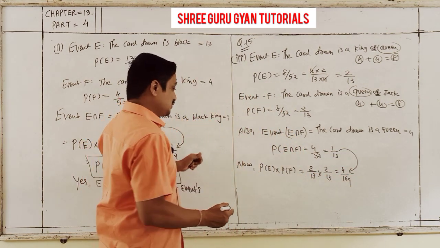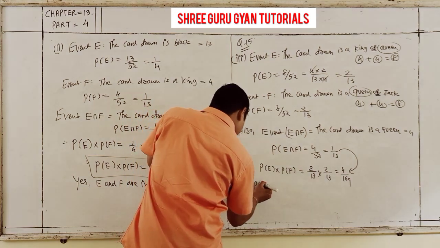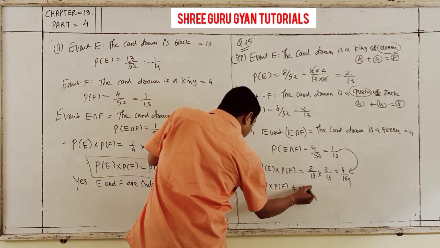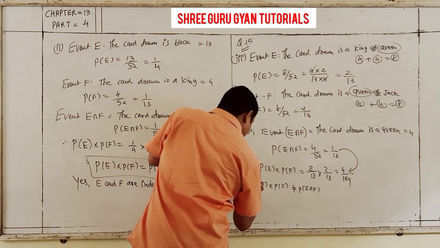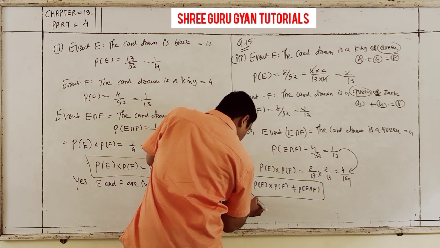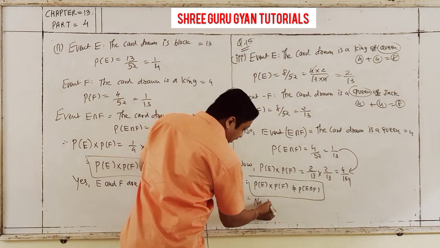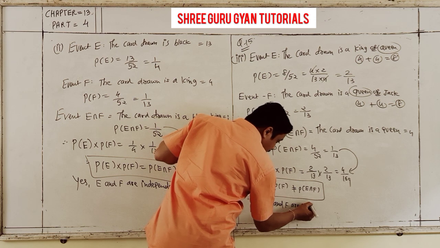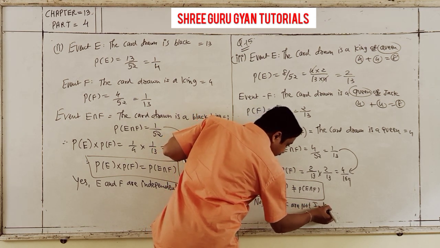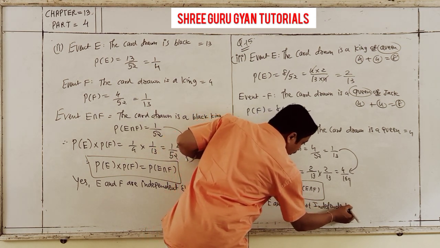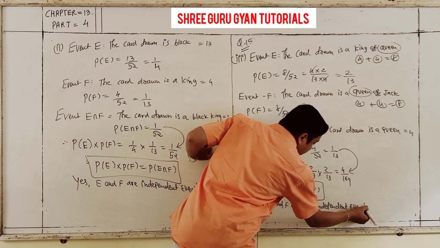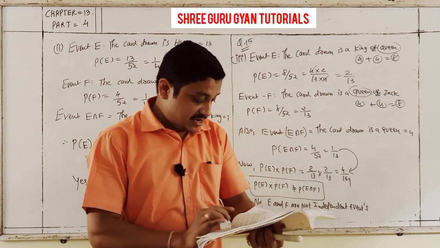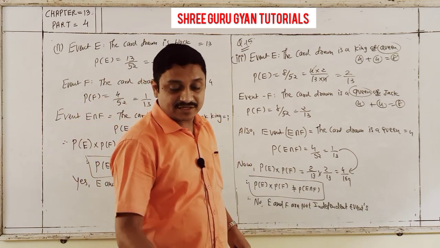No. So P of E into P of F is not equal to P of E intersection F. That's why we'll say no, E and F are not independent events.